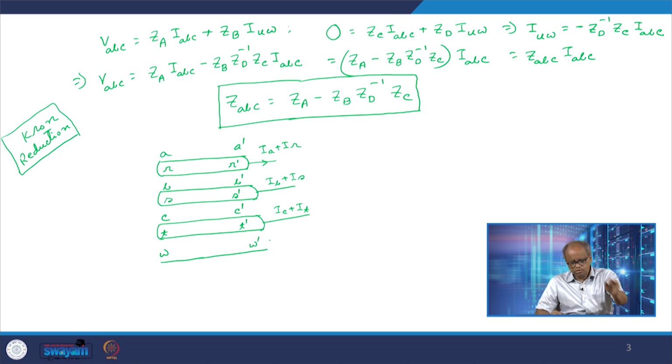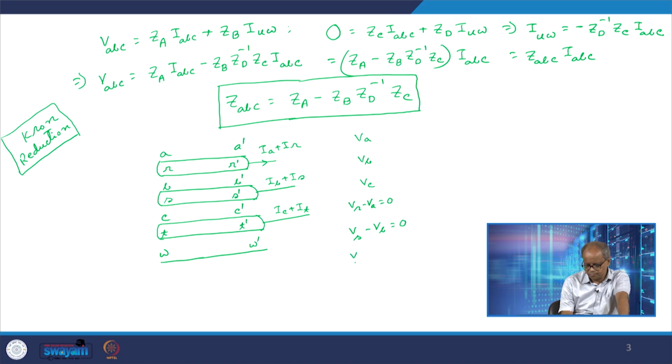So finally the equations would be something like this: VA, VB, VC, then VR minus VA equal to 0, then VS minus VB equal to 0, then VT minus VC equal to 0, and VW is equal to 0.